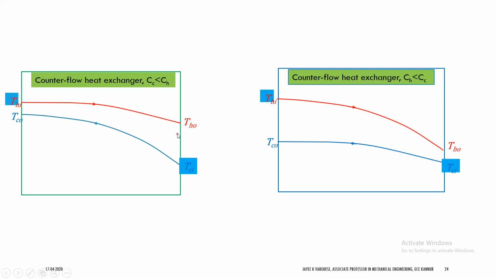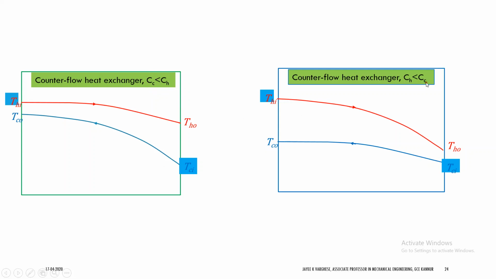If cold fluid is the fluid with the minimum heat capacity, then the maximum possible heat transfer will be the minimum heat capacity into the maximum temperature difference. What will be the maximum temperature difference? TCO will tend towards THI. So instead of writing TCO minus TCI, we can write THI minus TCI into its heat capacity.